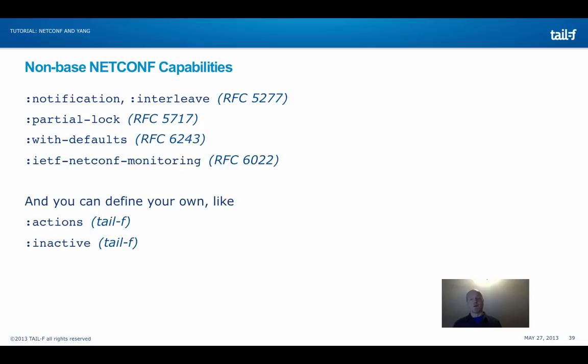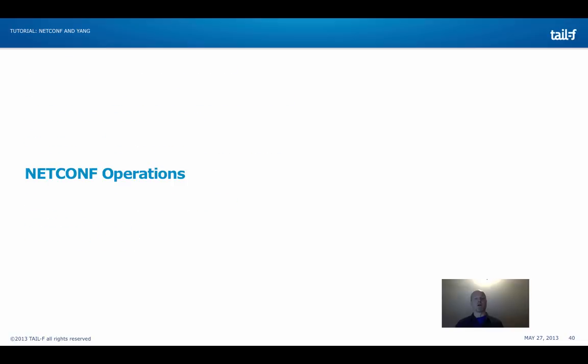I did show that in the introduction to this tutorial. And so the hello message gives you the name of a data model, and that's required. But if you support this capability, you can also get the actual data model. And vendors can define their own capabilities.